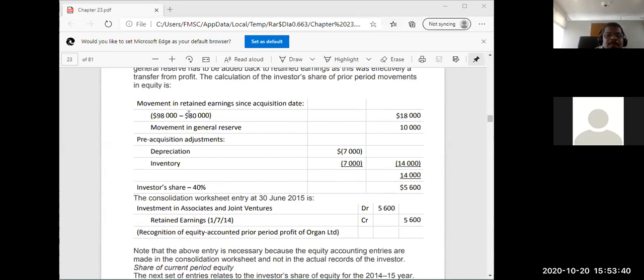Can you remember at the acquisition date it was 80,000. At the acquisition date your retained earnings were 80,000, and 1 year later your retained earnings were 98,000. Can you remember?